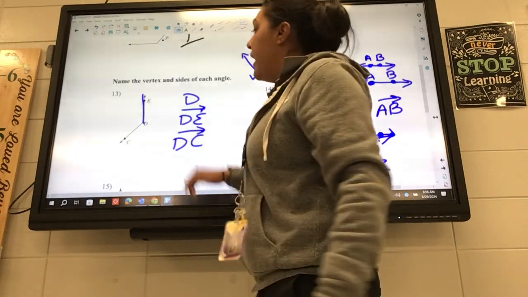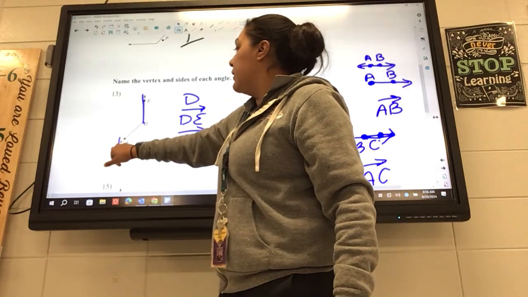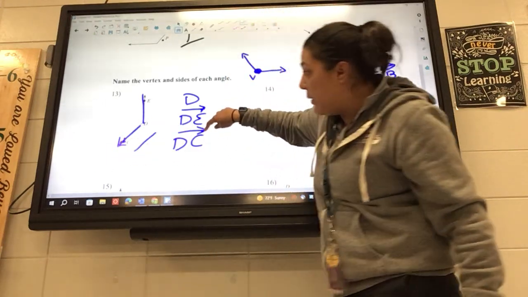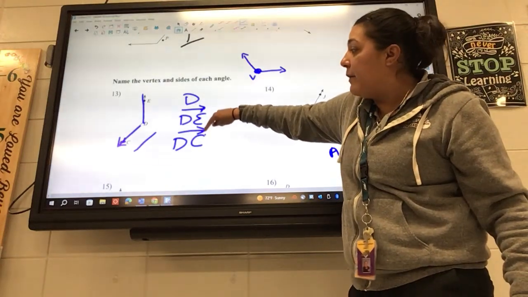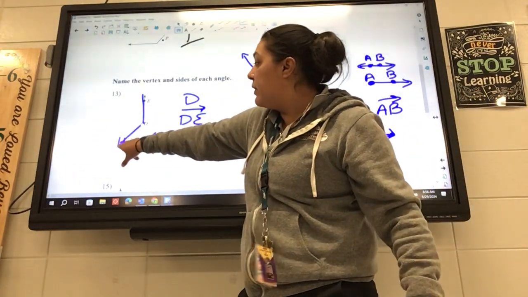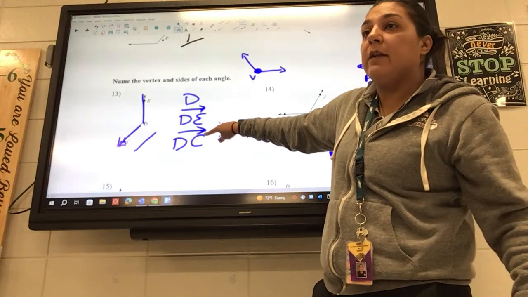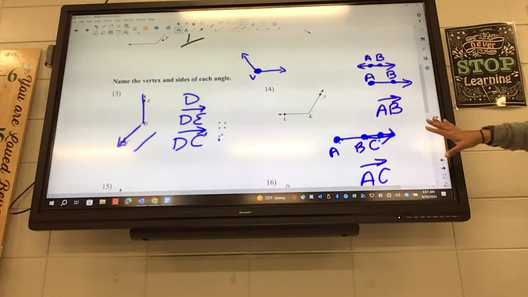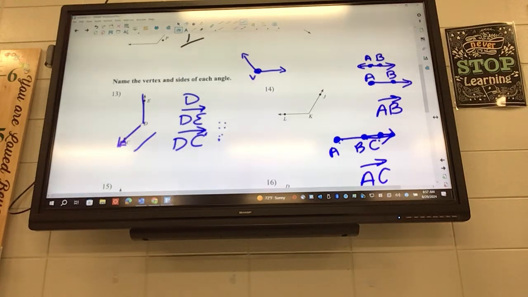So we always have to use the point that's closest to the arrow. The arrowhead goes above here, so we can see that the C is close to the arrowhead. Does that make sense? And that's all we're doing for this one. You have to write all 3 of those on this one.